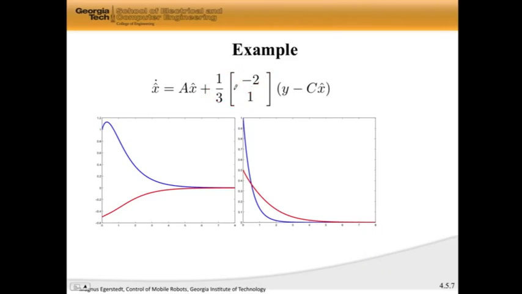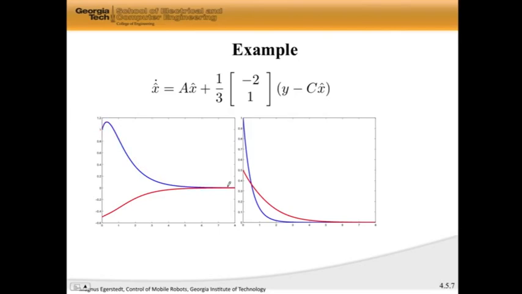So my observer dynamics is x hat dot is A x hat plus, this is L, times y minus C x hat. So this is my observer dynamics. What I'm showing here in the plot, in blue, this is x1, the actual x1, how it's evolving.